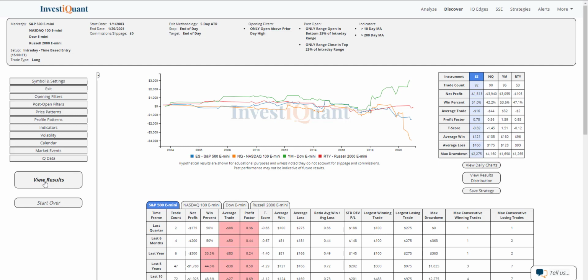This is taking place above a 10 and above a 200-day simple moving average. So this is trendy-like activity after a gap up above the prior day high, a gap and go like formation that is forming here. And historically, this pattern has 92 samples in the S&P, so fairly common occurrence here in this market environment. The NASDAQ 90, the Dow 95, and the Russell 53.